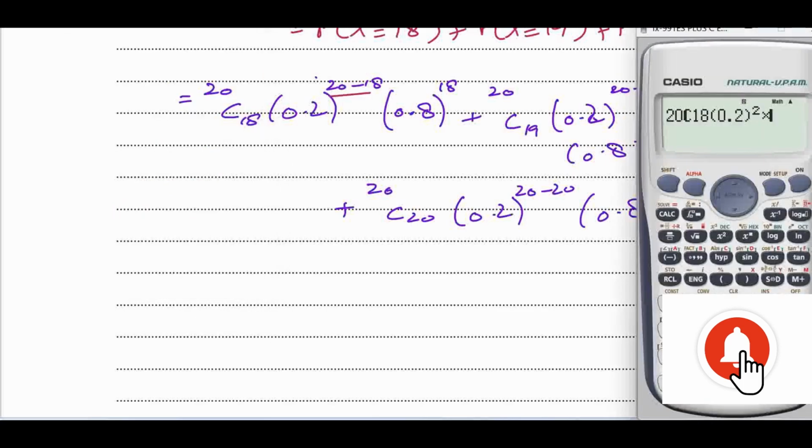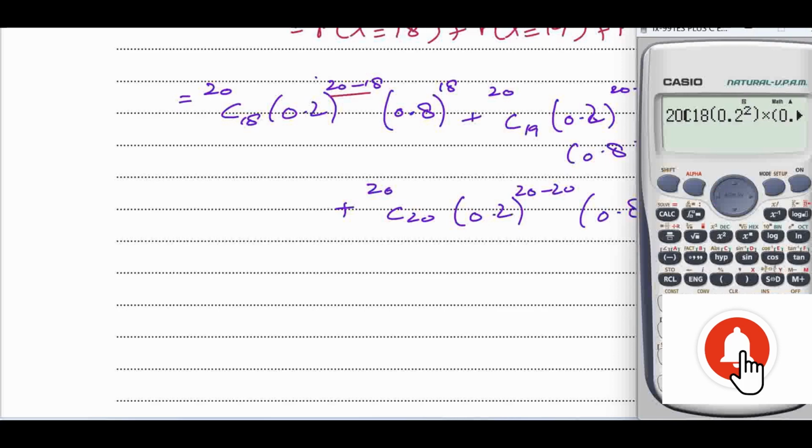Into multiply by 0.8 whole power 18, और this will be the math error because अभी हम ब्रैकेट्स के अंदर बाहर यूज़ कर रहे हैं, तो इसको हम विद इन द ब्रैकेट यूज़ करें.